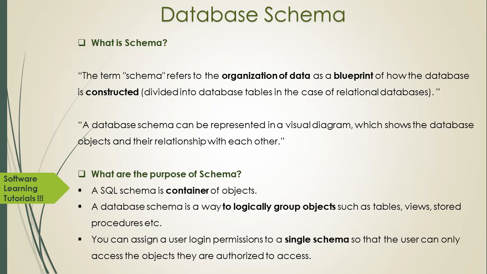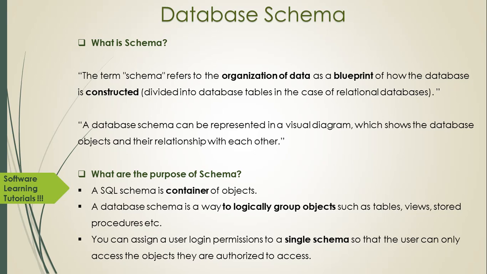So what is schema? The schema of the database system is the structural description in the formal language supported by the database management system. The schema refers to the organization of data as a blueprint, how the database is constructed and divided into the database tables, and how their relations are created internally.